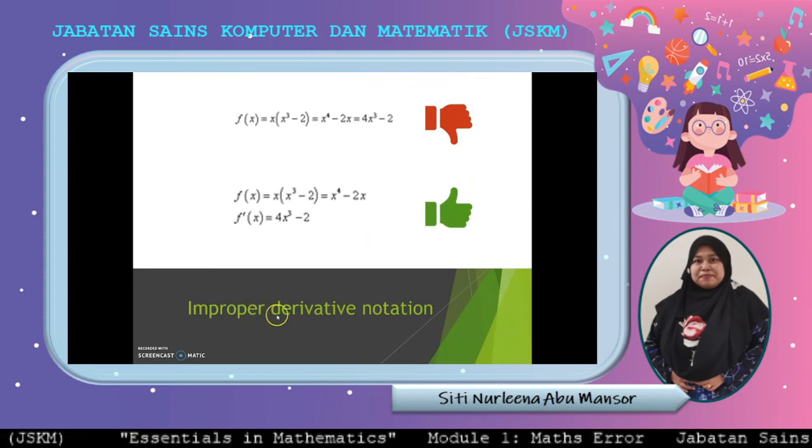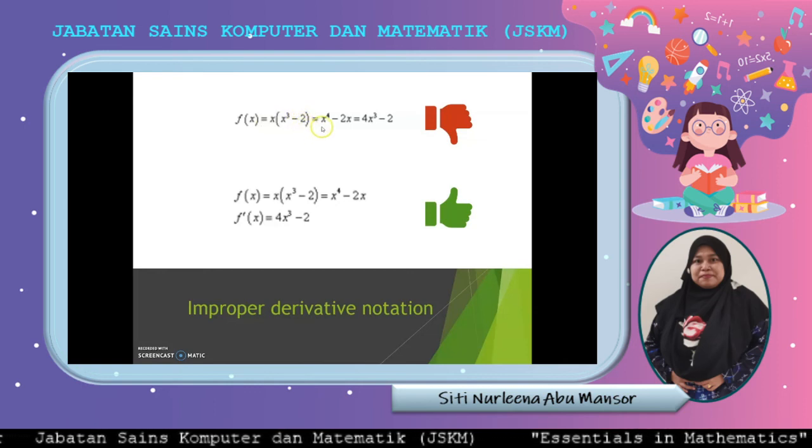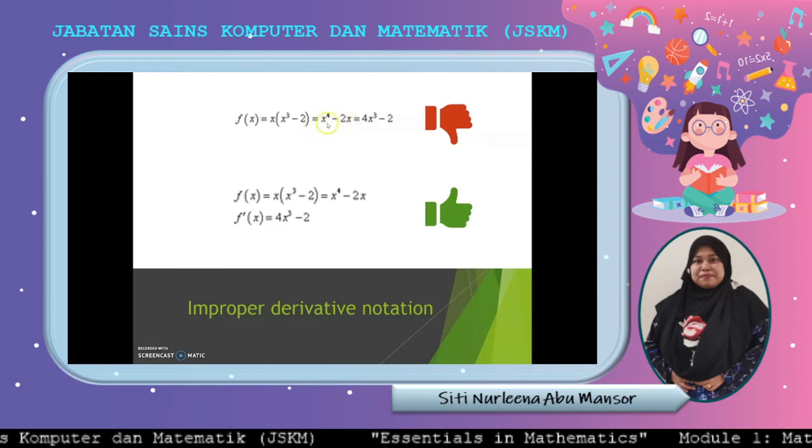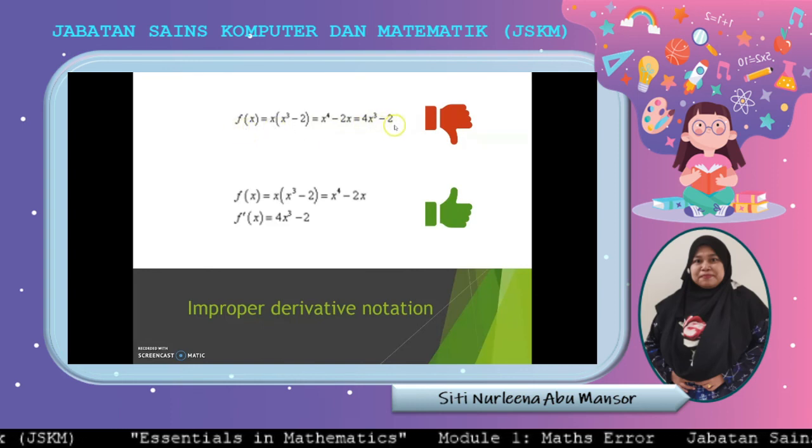Next, we have improper derivative notation. This is always something students do wrong. You can see here, f(x) is x multiplied with x cubed minus 2. Then we expand it in order to differentiate, but the student directly differentiates within this function. This is wrong.